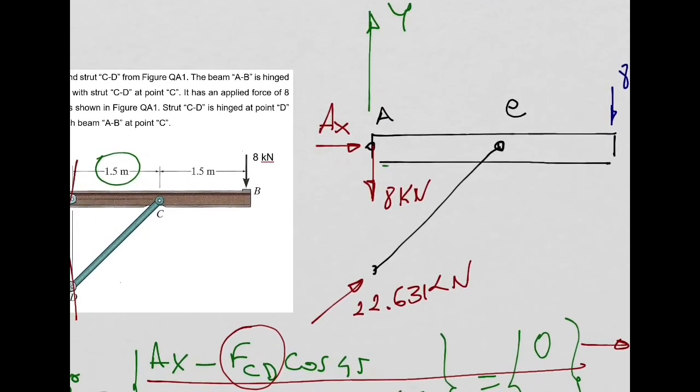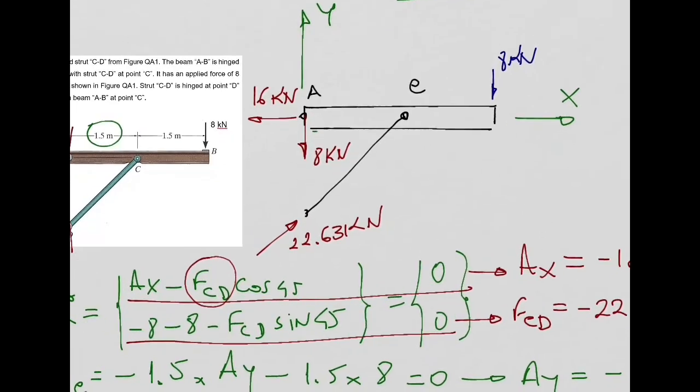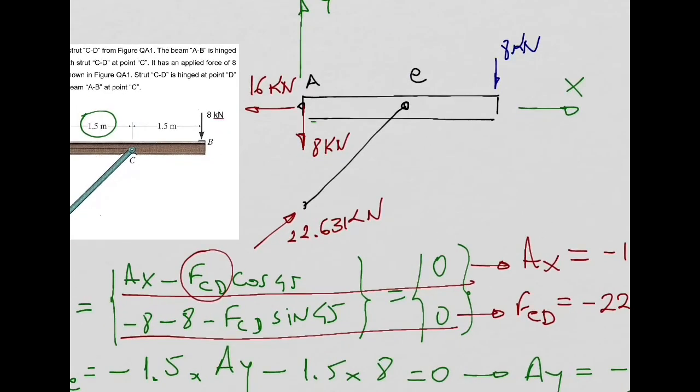So we also need to reverse this reaction here. So it needs to go in this direction and equal to 16 kilonewtons. You all agree with me? So these are our reactions at A, at D.